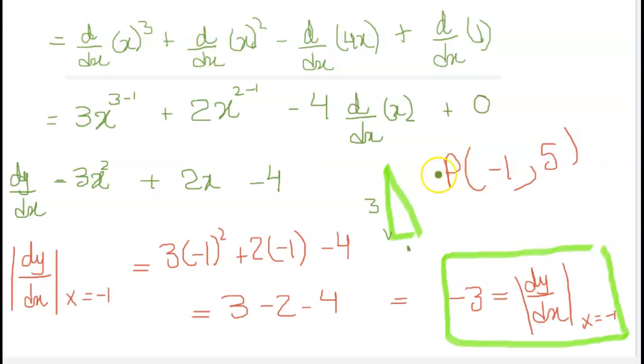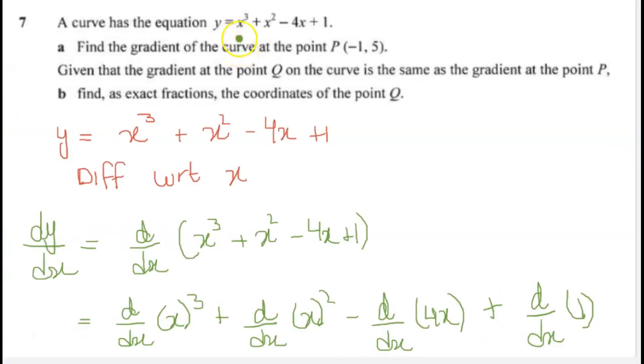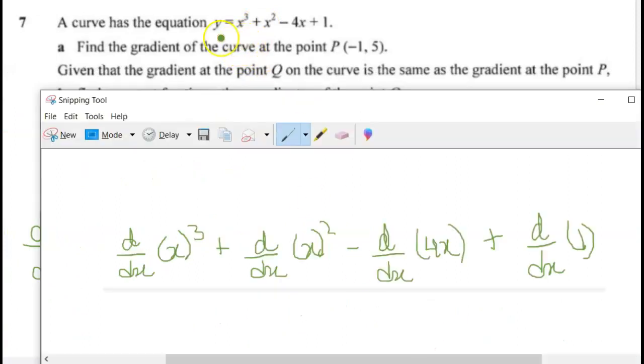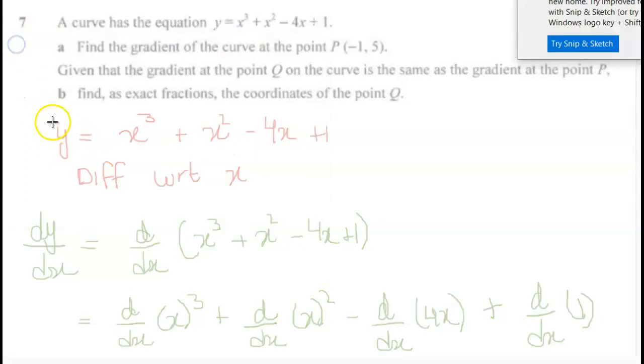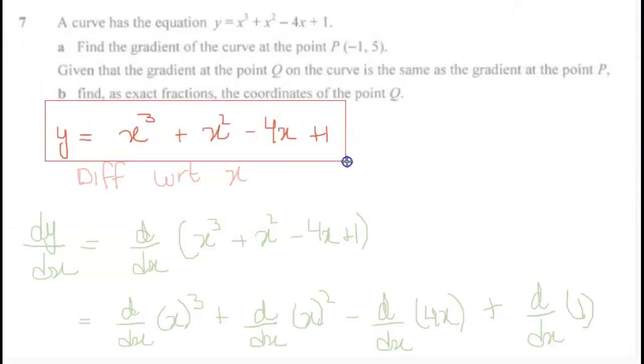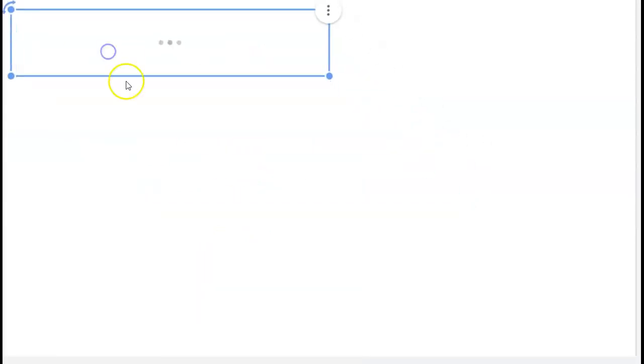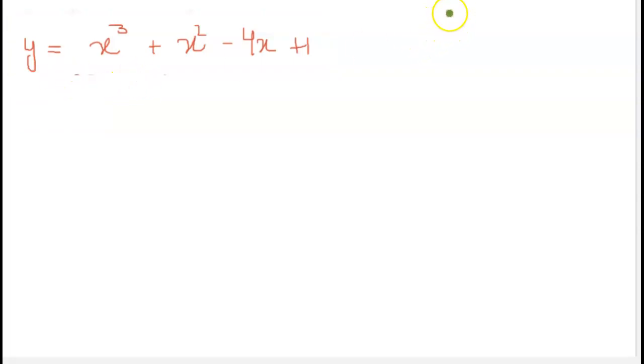Now you got here P is minus 1, 5. What is the significance of 5? Let's go back to the real equation, this one. And where is the 5? Okay, now here the point was minus 1, 5. This is the x value and this is the y value.